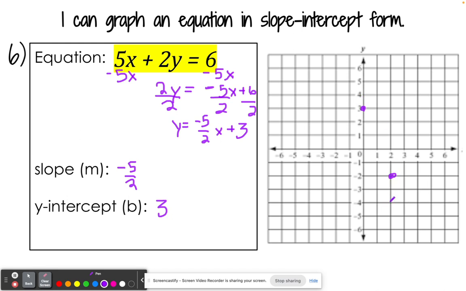I can go one more. So I have 3 points. I only need 2 to make a line, but I like to have 3 to make sure that I'm on the right track. It's very wobbly there at the end, but you get the idea. That is my line.